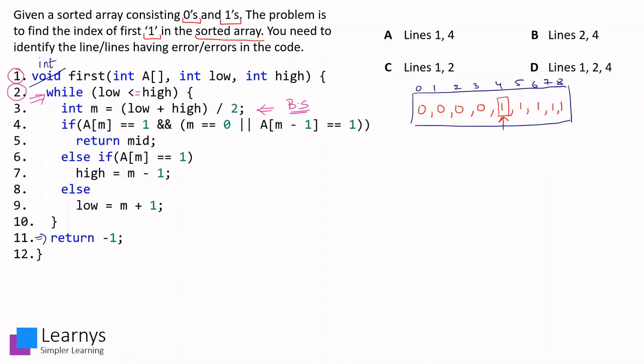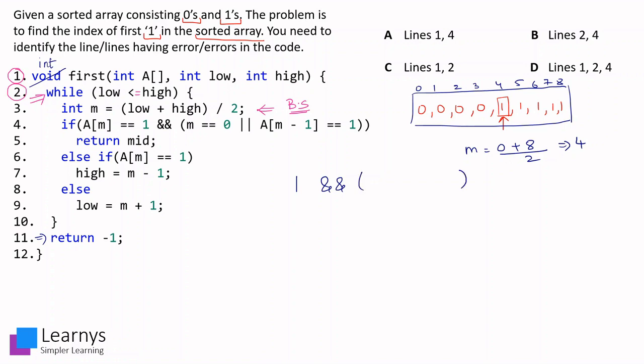So now let's say that these are our inputs and we have calculated middle value m. So m will be 0 plus 8 divided by 2 which will be 4. Here index number 4 is also our answer. So it will check if a of m is equal to 1. Yes, a of m is equal to 1. So I can write 1. And there is a condition in brackets.